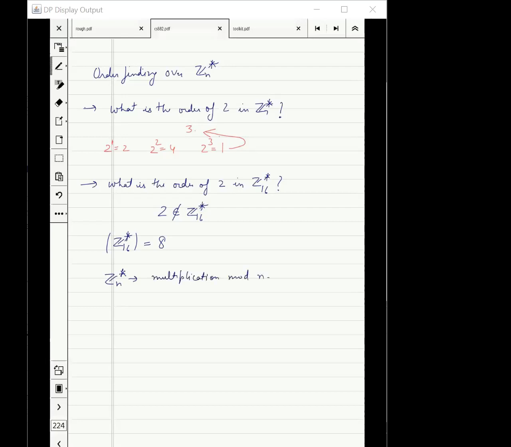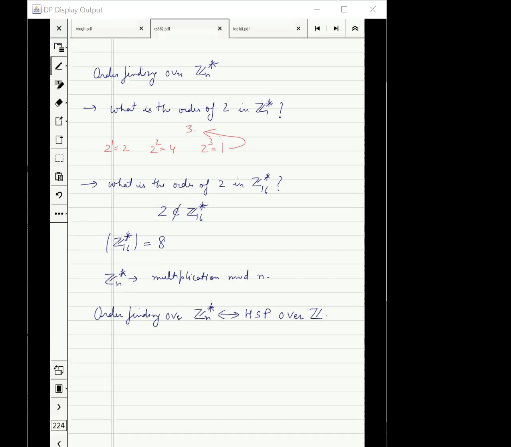Now, knowing this, let's prove our theorem. Actually, before we start the proof, let me just tell you the interesting thing, which is that order finding over Zn star is HSP, the hidden subgroup problem over Z. This is given as an exercise to you, but you can show that very easily.